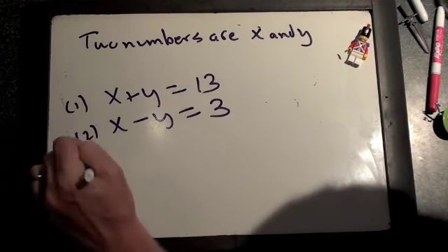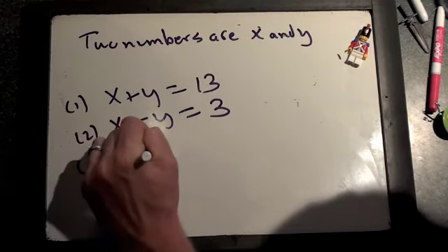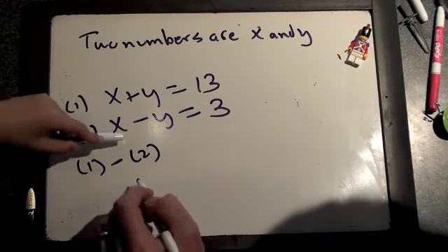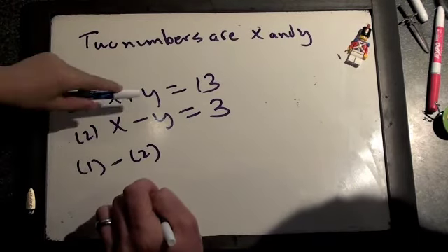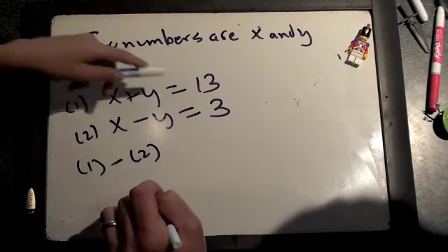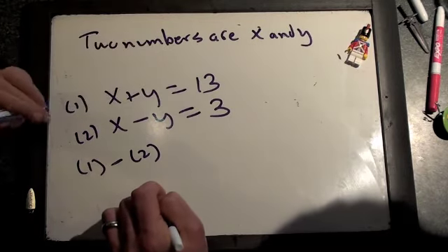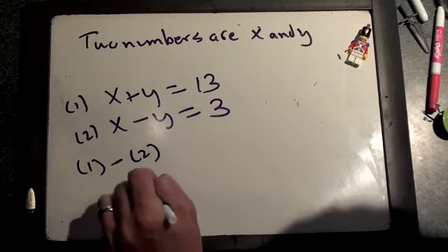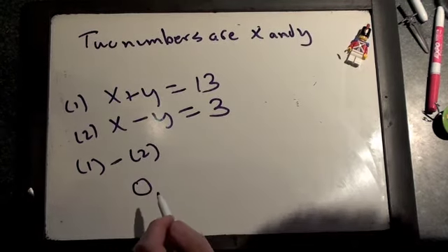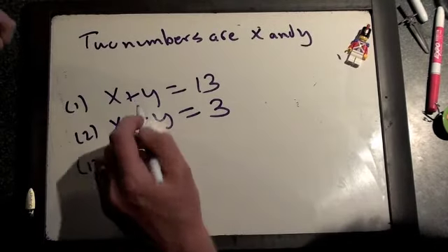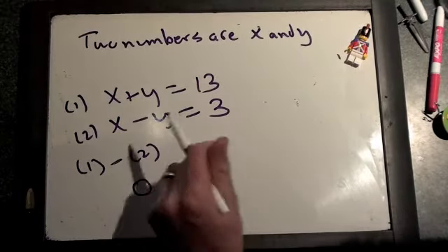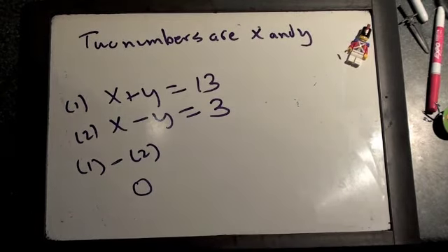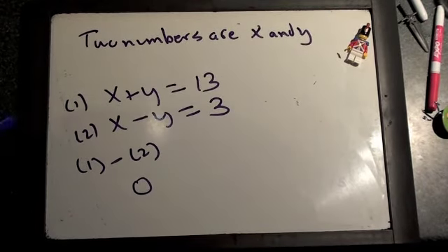X minus x is 0. Now we have something kind of sneaky that we've never talked about before. We have y minus y.